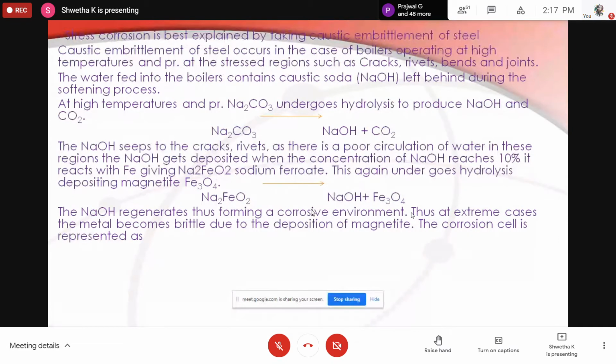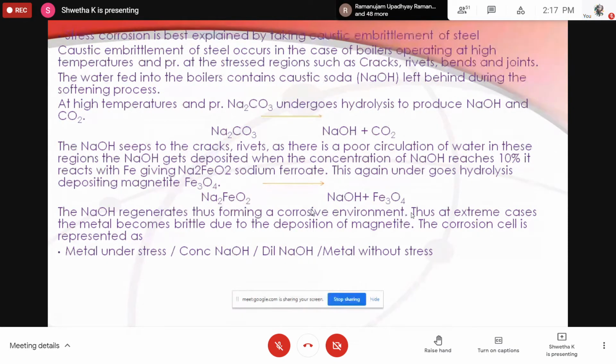So this NaOH is regenerated, forming the corrosive environment. Thus, in extreme cases, the metal becomes brittle due to the deposition of this magnetite. The corrosion cell is now represented as a metal under stress. Where the NaOH concentration is very high, that is the metal under stress, and it acts as an anode.